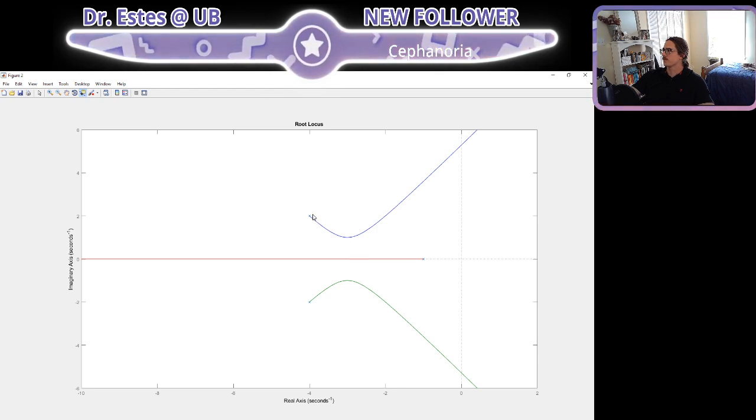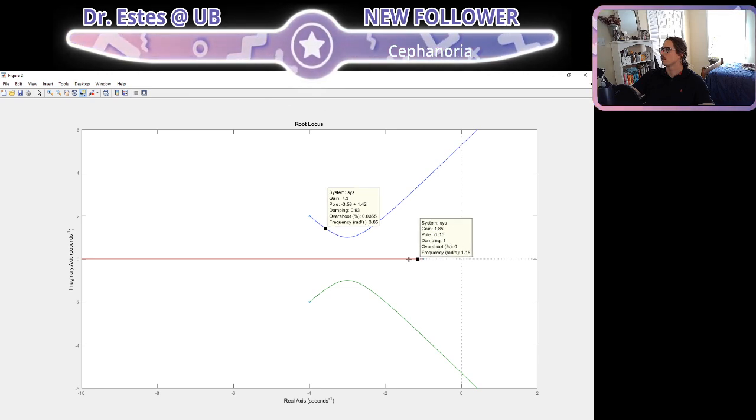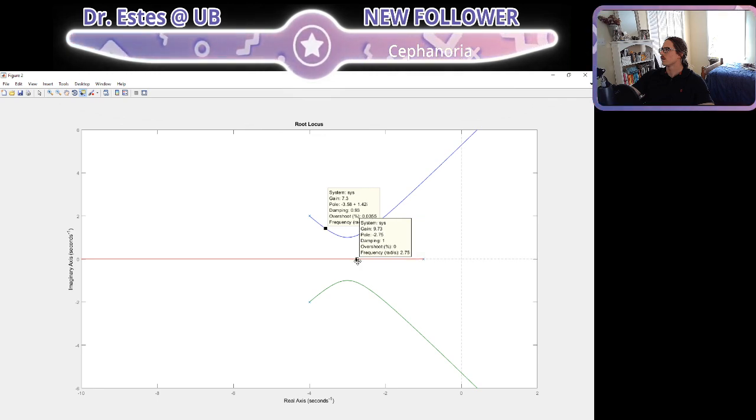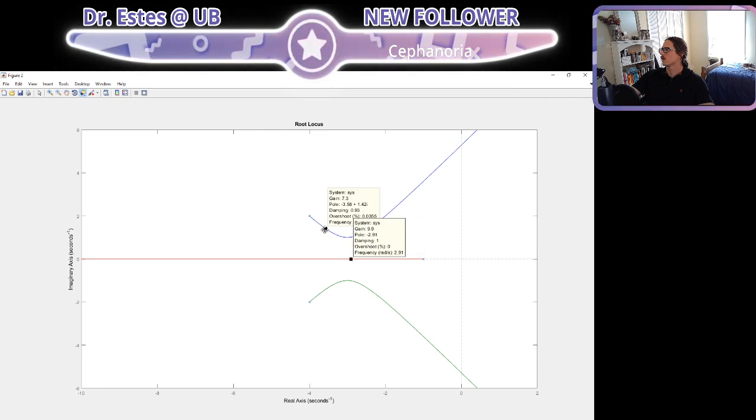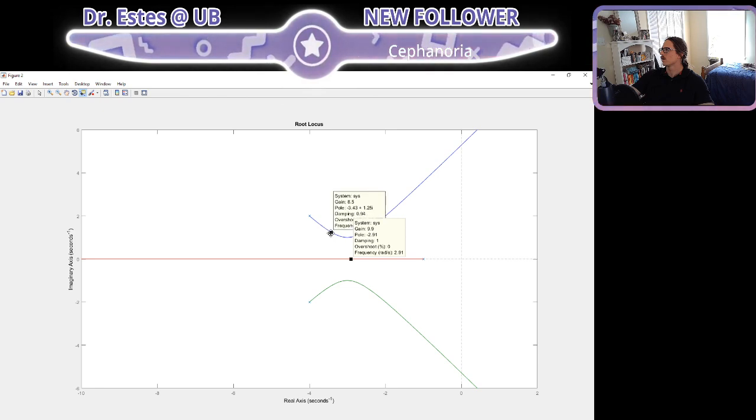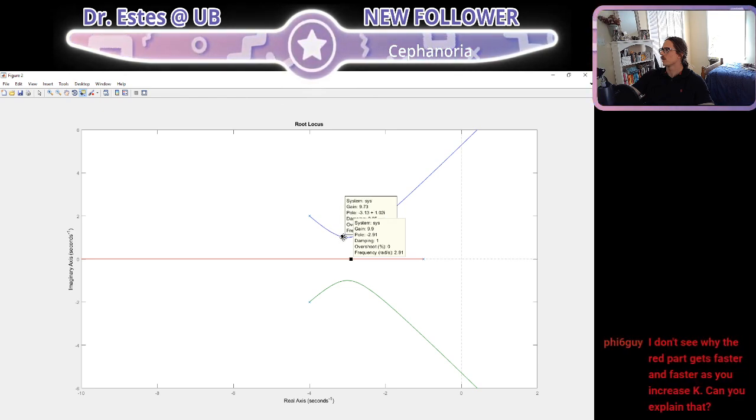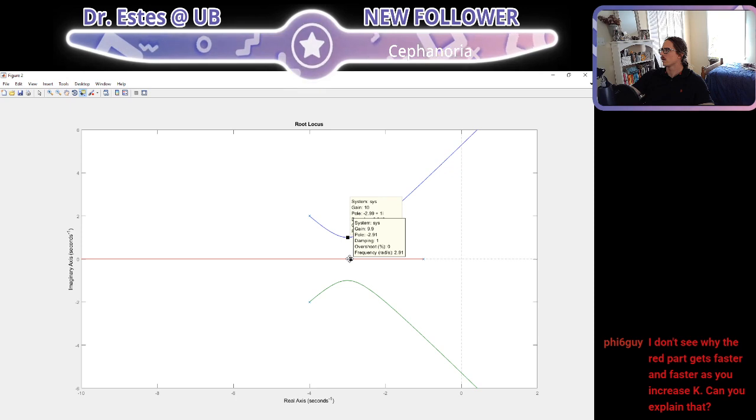So the place with the fastest settling time would be when all of these roots line up.